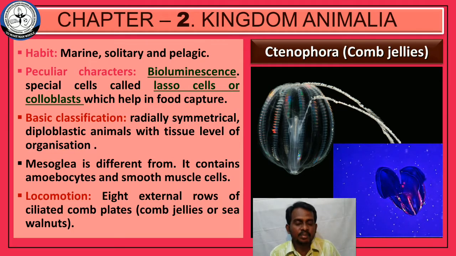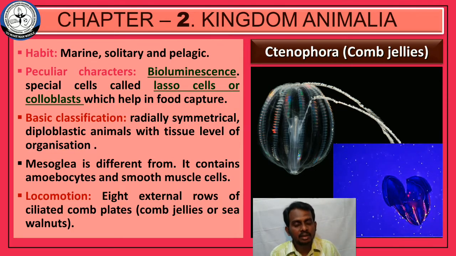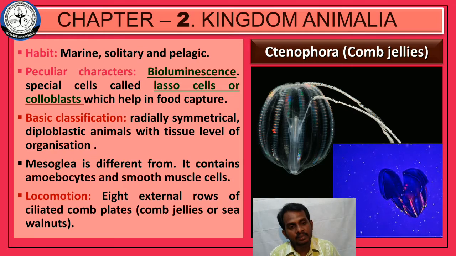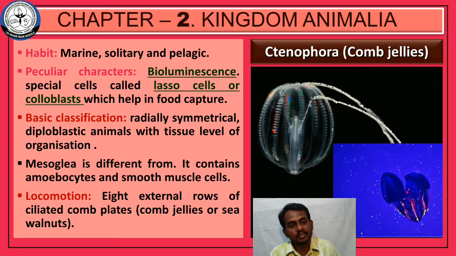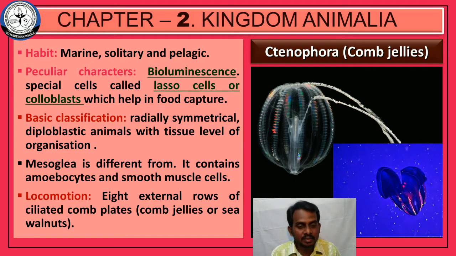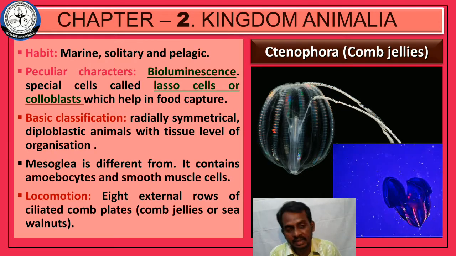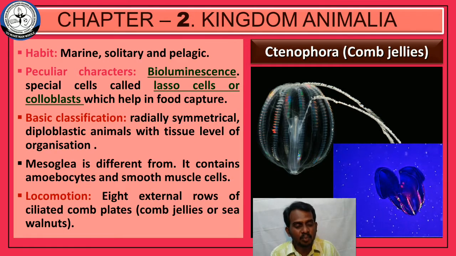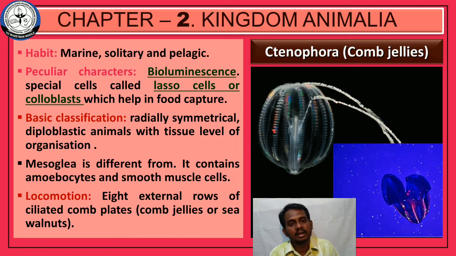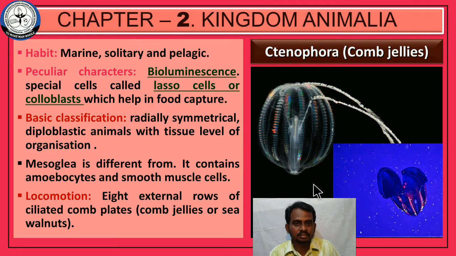Male animals produce light to attract females, or it may produce the light to escape from enemies. It is one of the protective mechanisms. So bioluminescence is one of the important characters of this Ctenophora.